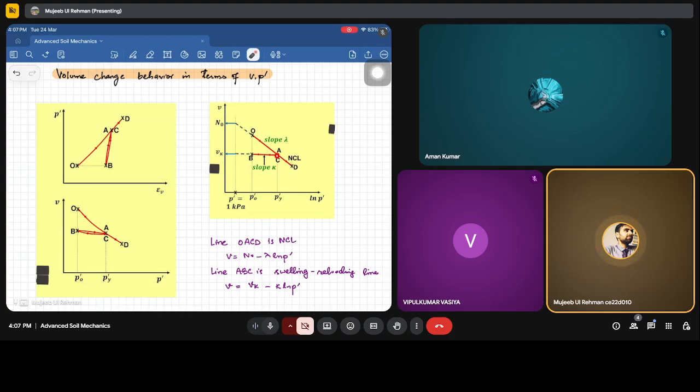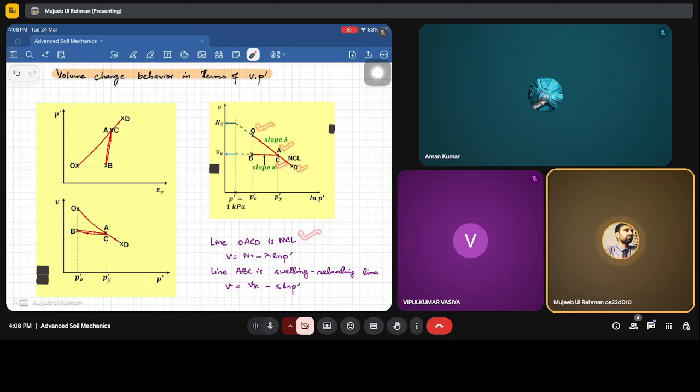Now from A, we have started unloading it and then again reloading it. At p equal to 1 kPa, Vk represents the specific volume corresponding to this reloading at 1 kPa. And then again we have started loading, and from C to D it will again follow the normal consolidation line.